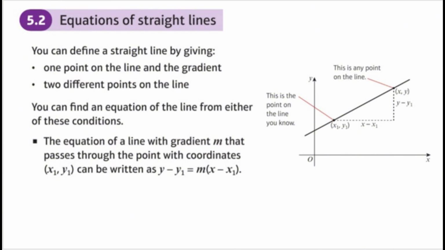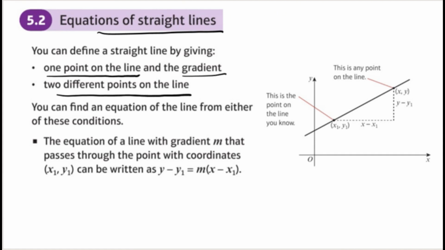Topic 5.2 is equation of a straight line. Now to find an equation of a straight line, we need either one point on the line and the gradient, or two different points on the line. So suppose we have one point on the line which is (x1, y1) and the gradient m. Then we can use this equation: y minus y1 is equal to m into (x minus x1).